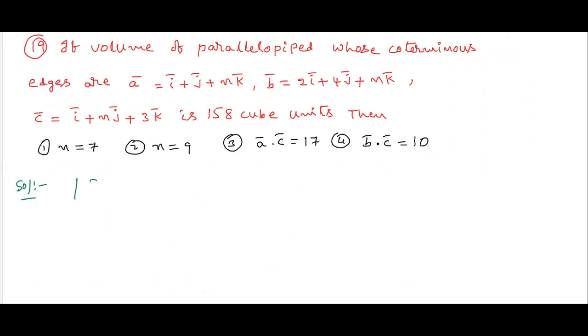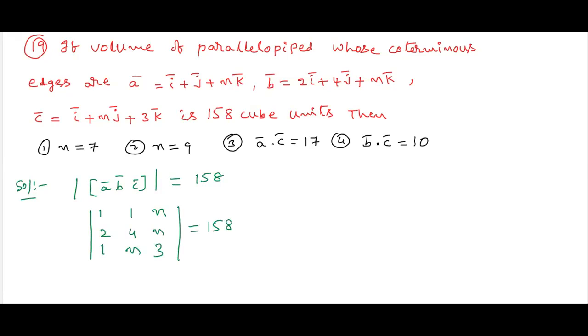Mod box ABC, that is equal to how much is given? 158. This is positive only. Now box ABC means apply the modulus: 1, 1, n; 2, 4, n; 1, n, 3. That is equal to 158.